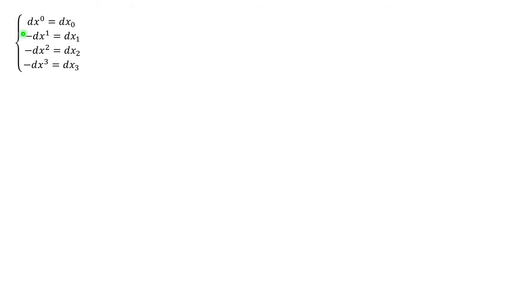To change from contravariant to covariant, dx0 will be dx0 in the covariant, meaning there's no sign change, and we have minus dx1 in the contravariant equals dx1 in the covariant, minus dx2 in the contravariant equals dx2 in the covariant, minus dx3 in the contravariant equals dx3 in the covariant. So I'm going to have this substituted in the above expression for ds squared.